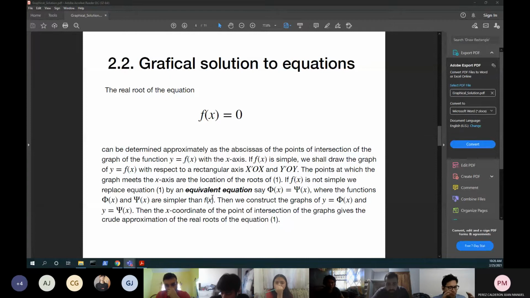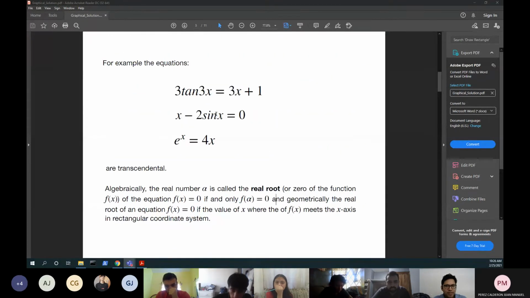So if we have a very complex equation, and you want to plot it, it's going to be difficult. Well, you can take everything to one side, make it equal to 0, and plot it. But in case we don't want to plot it like that, we can assume that this is the phi and this is the psi equation, so we can use these two and plot them apart.